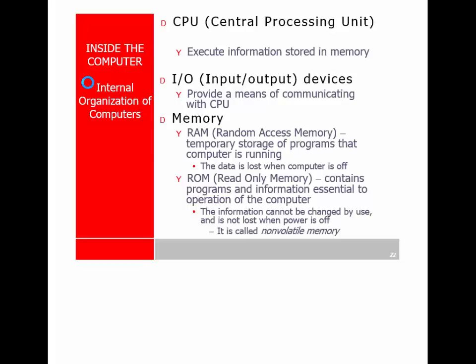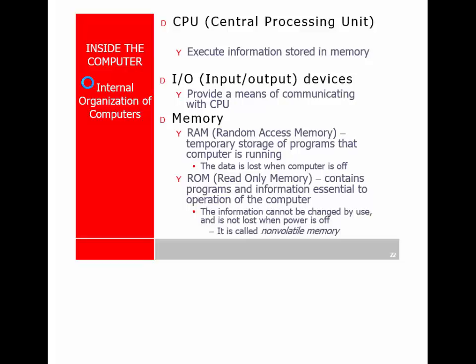Now, it drives me nuts when people refer to this as the CPU. This is not the CPU right there. I'm pointing to the computer underneath the desk there. That's a full computer. That's got everything in it. The CPU is just the microprocessor chip.